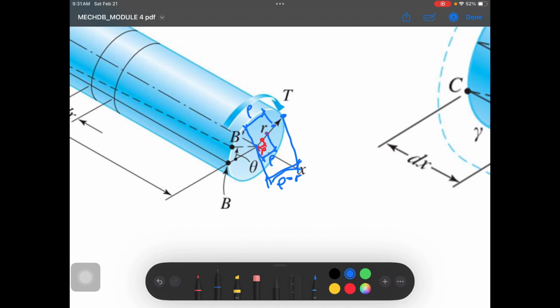And kapag kinuha mo ang stress dun sa surface, where rho is equal to radius, that is actually the tau max, maximum. So sabi, per theory, ang maximum torsional stress occurs dun sa surface ng cross-section natin. So, ibig sabihin, this is tau max. Yung mga tau na makukuha mo sa point na to, sa point na to, are less than the tau max.